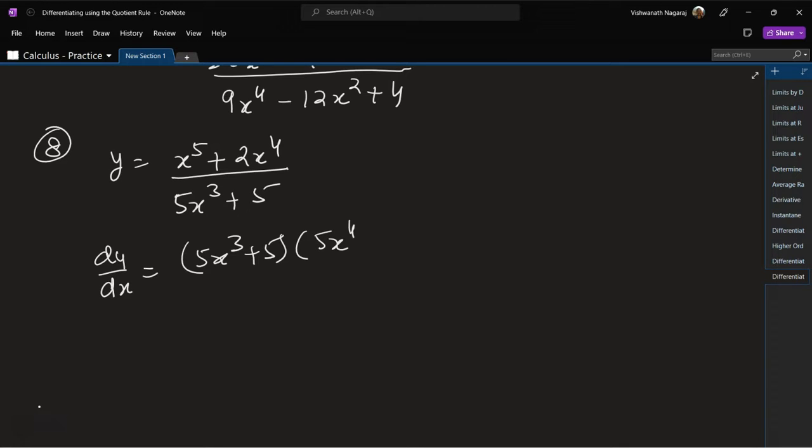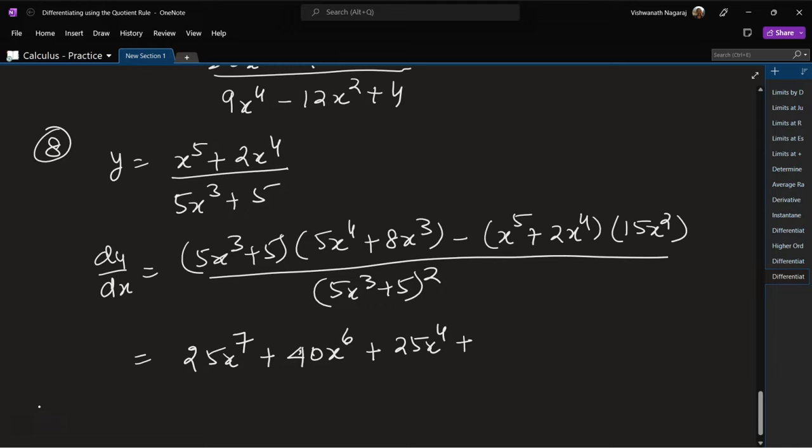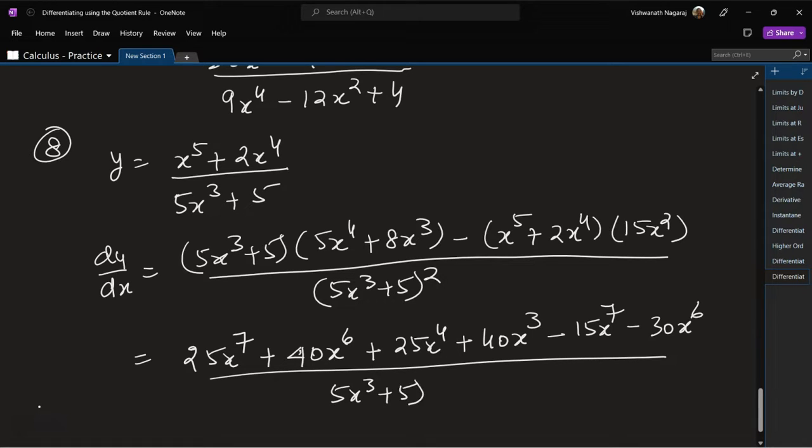So 5x⁴ plus 8x cube minus, numerator as it is, x to the power of 5 plus 2x⁴, and the derivative of the denominator, that is 15x square, divided by (5x cube plus 5) square, which gives us 25x to the power of 7 plus 40x to the power of 6 plus 25x to the power of 4 plus 40x cube minus 15x to the power of 7 minus 30x to the power of 6, divided by (5x cube plus 5) square.